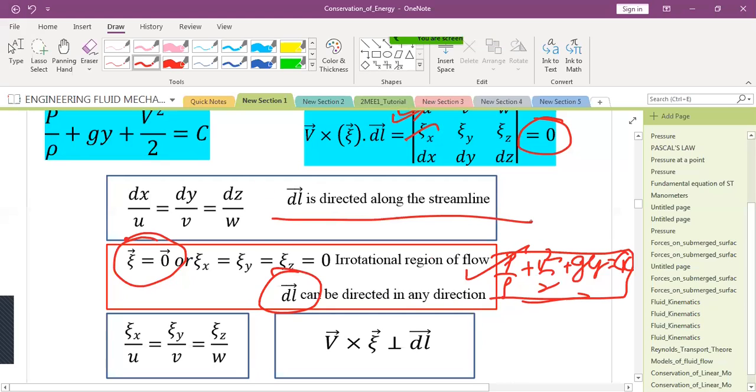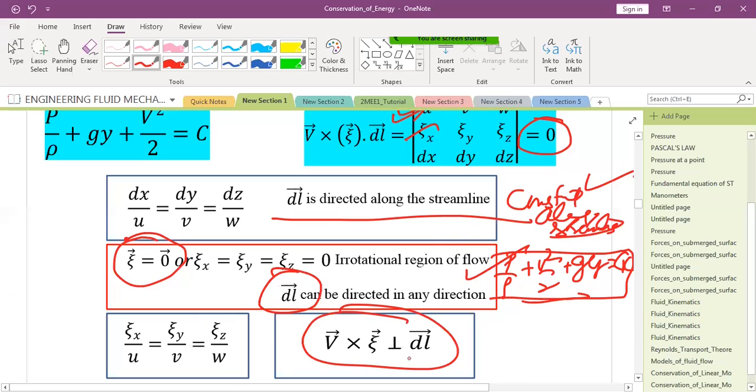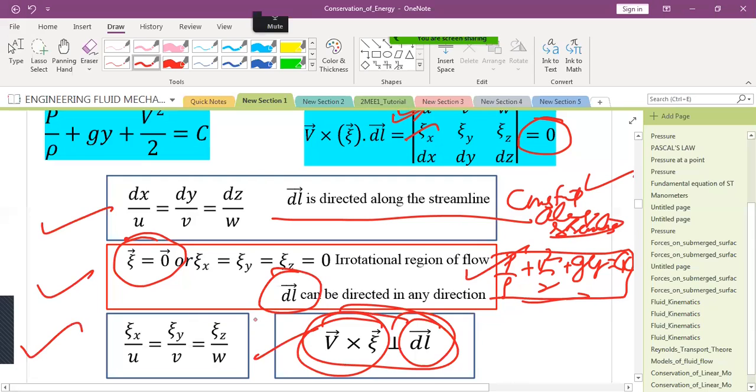In this case, it is constant along streamline. Are you clear? Here it is a constant when DL points in a direction perpendicular to this vector. So this should be absolutely clear, these four conditions.